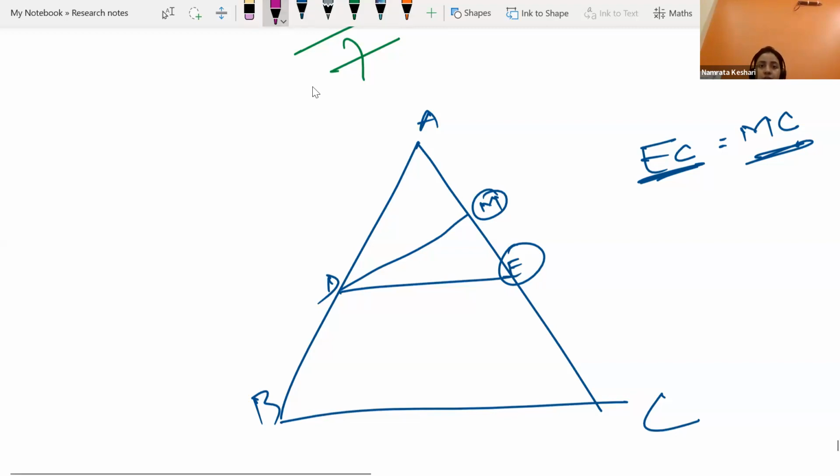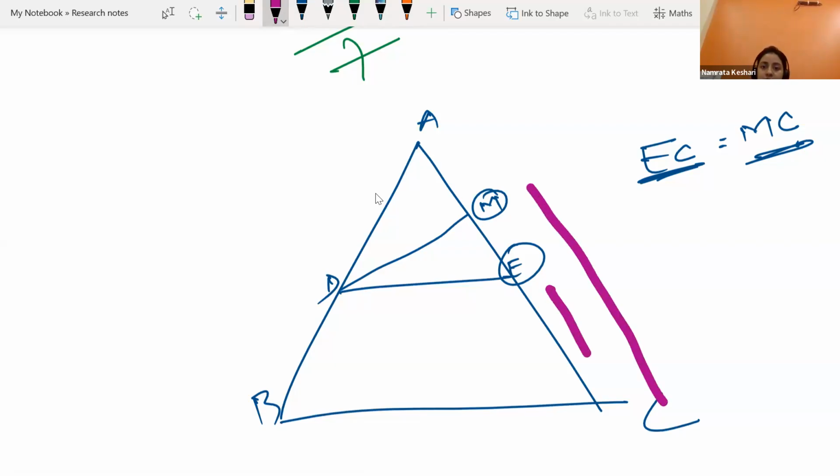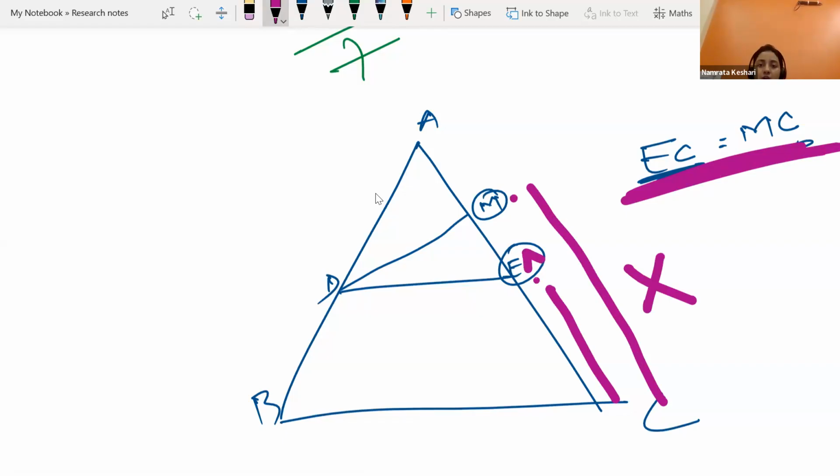Okay, we cannot say that this much distance and this much distance are equal. These two will only be the same when M and E are sitting on each other, lying on each other. It's a same point.